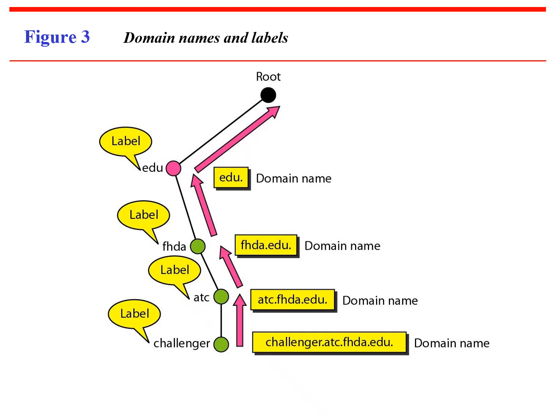Navigating from the next node gives fhda.edu. This is a domain name. From edu, you can say edu dot as the domain name. It ends with the root, which is the null label.